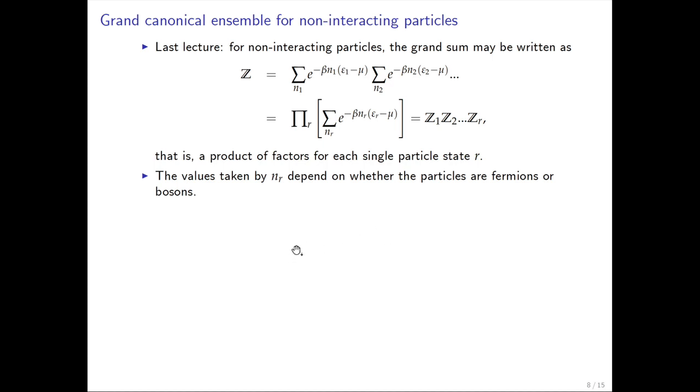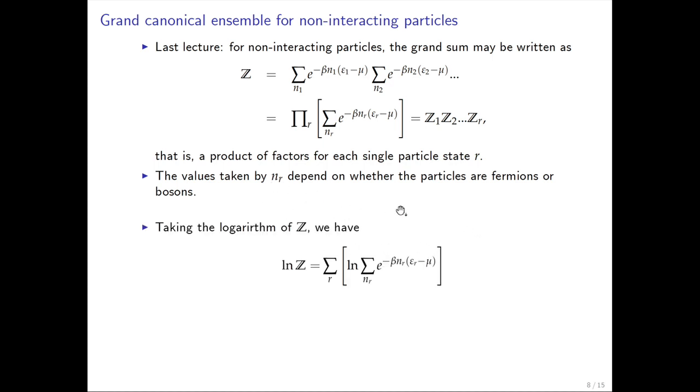Okay, and if bosons, of course, this number is not restricted. But anyway, we'll come back to this. Let's take the logarithm of this, and we see that it's quite simple, because when we take the logarithm, this becomes a sum of these logarithmic factors here.